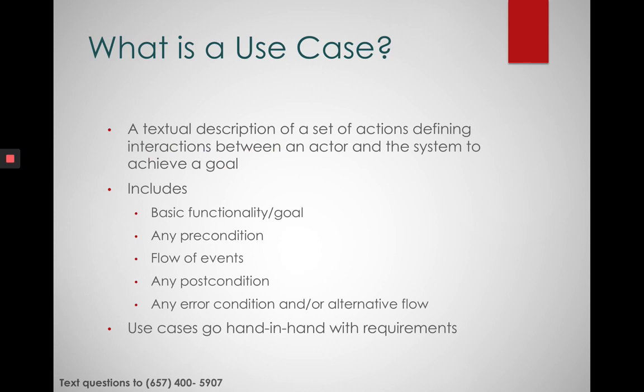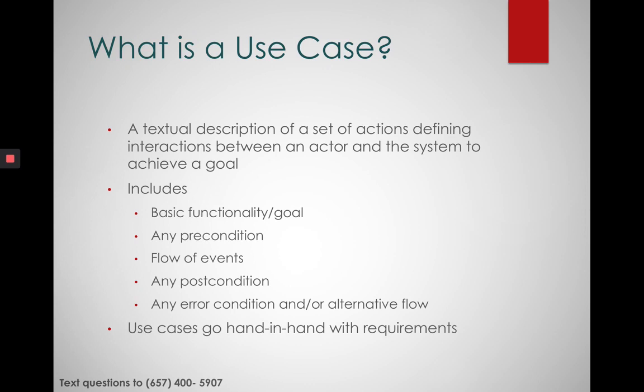So we're going to talk about what and why use cases. First of all, what is a use case? Well, the definition is a textual description of a set of actions defining interactions between an actor and the system that you're developing to achieve a goal. So a lot of times when you talk about use cases, people immediately think of a diagram. So a use case specifically is not actually a diagram.